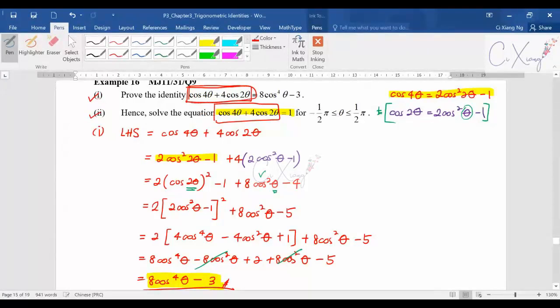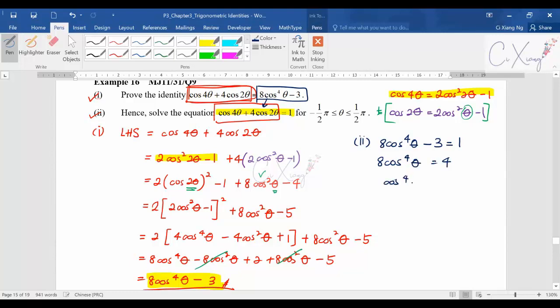To solve this equation, you have to substitute your answer from the first part into the equation. So you should have 8 cos power 4 theta minus 3 equals 1. You usually substitute straight away because you already proved it in part 1. After that, you get 8 cos power 4 theta equals 4.